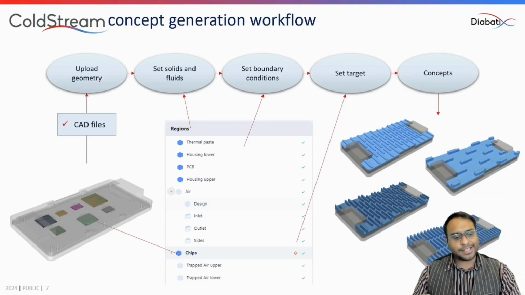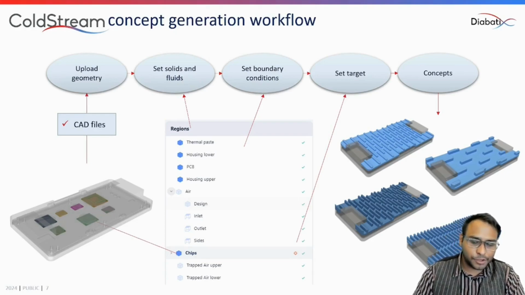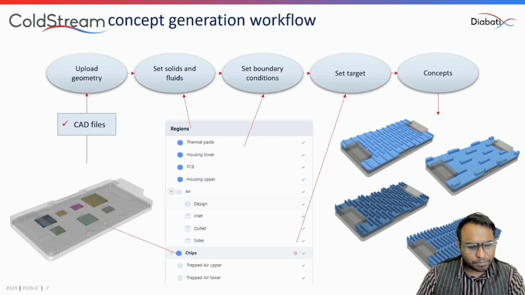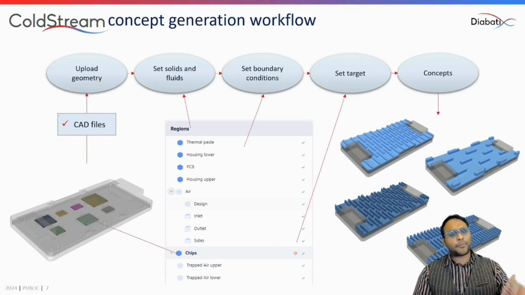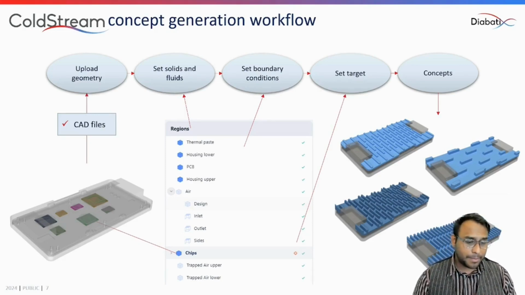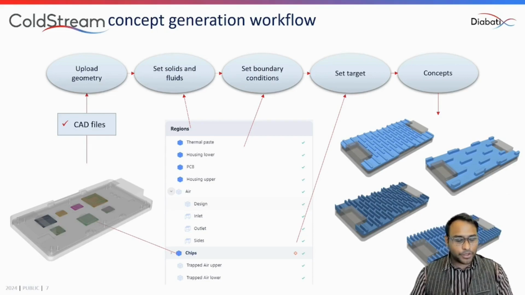Once you're done with this, that brings us to the final stage where you're setting up the target functions, or the objectives you're looking to optimize for. These could range from algorithmic target functions like temperature minimization, temperature variance minimization for keeping the thermal uniformity, temperature spread minimization, pressure loss minimization, or numerical constraints like mean temperature within a particular range, pressure loss within a particular range, maximum temperature within a particular range.